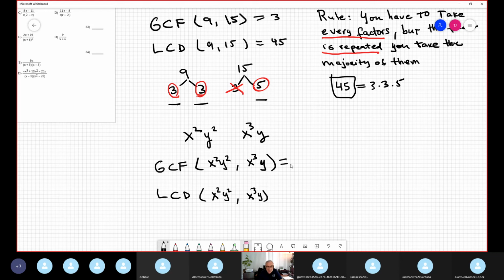Well, in this case, it's obvious. You always take the smaller exponent, and the smaller exponents are x squared and y. This is the greatest common factor. And in this case, completely opposite, because you take the majority. You take the bigger exponent, x cubed y squared. Do you understand?